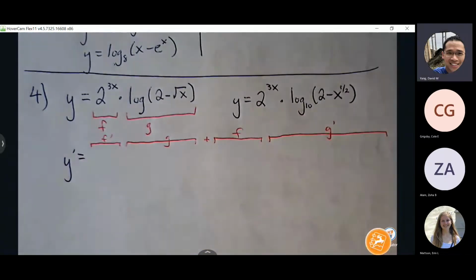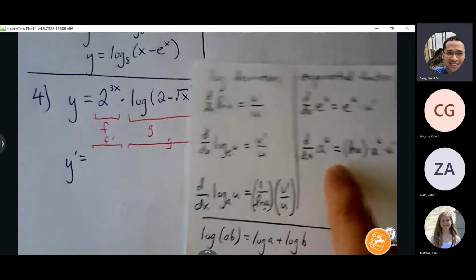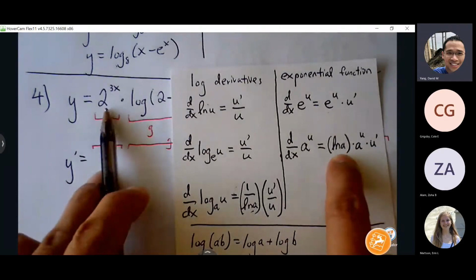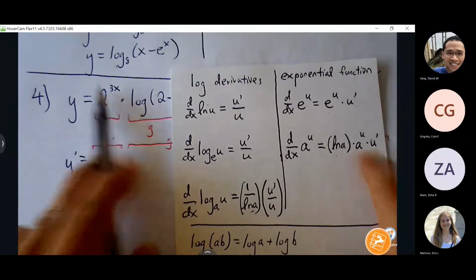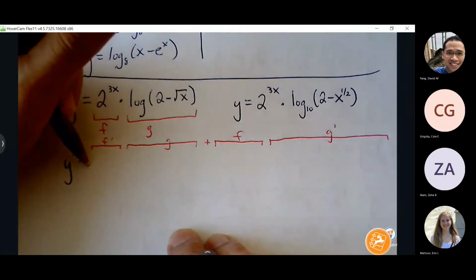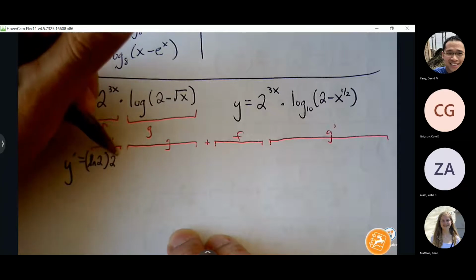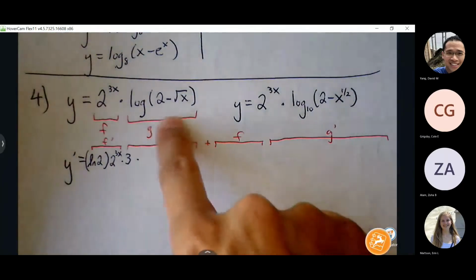Okay, f prime, so my derivative for a to the u is just natural log of a times a to the u times u prime. So natural log of 2 times the original function times the exponent's derivative. My g function.